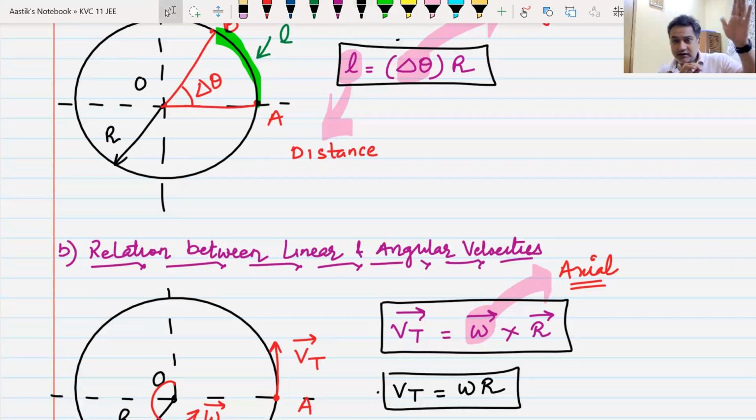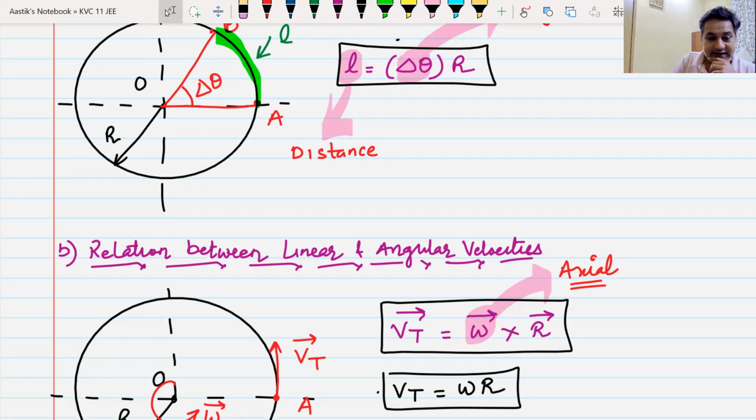L on the left hand side was the linear quantity. Vt on the left hand side is the linear quantity. We call it tangential velocity because it is tangential. Delta theta was angular displacement. Here this angular displacement has been replaced by omega, angular velocity. R was the radius. There also R is the radius. So both the quantities look similar. Yes or no?